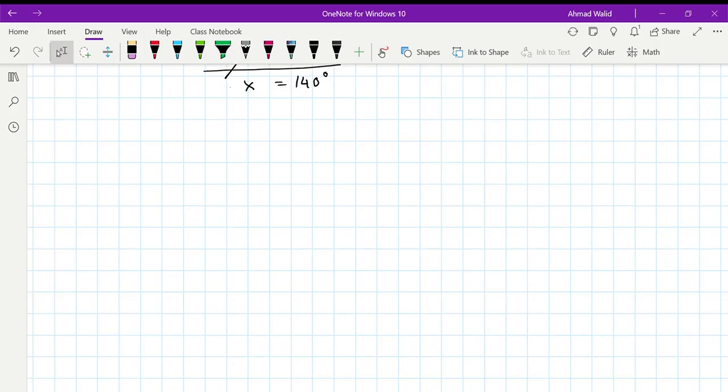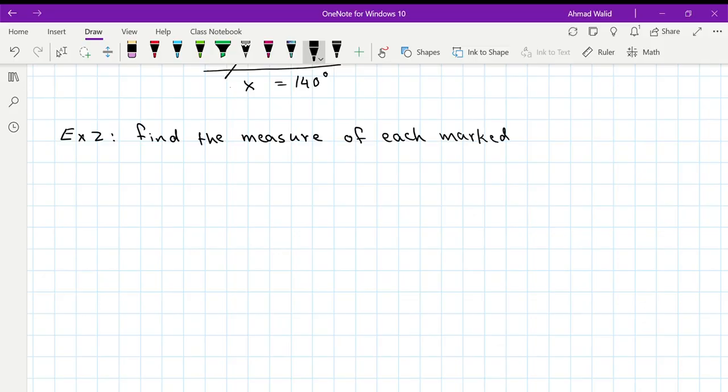Let's do another example, a different way. Example number 2. Find the measure of each marked angle.